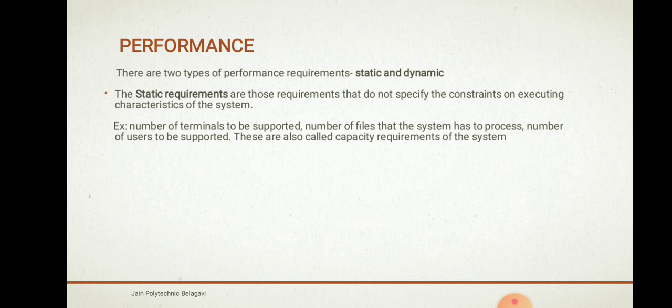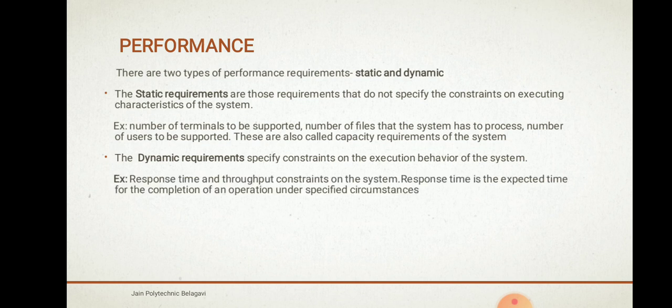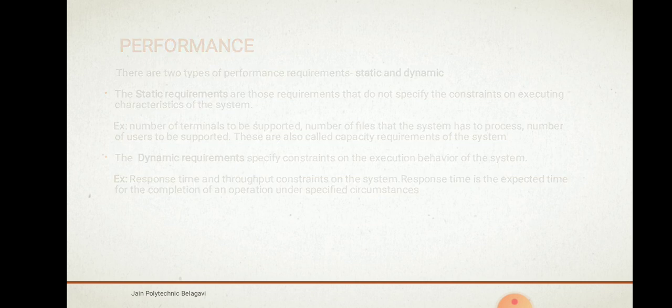So these requirements are not required during the execution of the system. Dynamic requirements specify constraints on execution behavior of the system. Example, response time and throughput constraints on the system. Response time is the expected time for completion of an operation under specified circumstances.